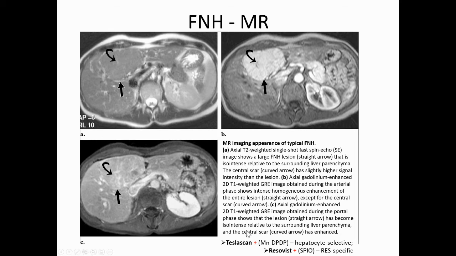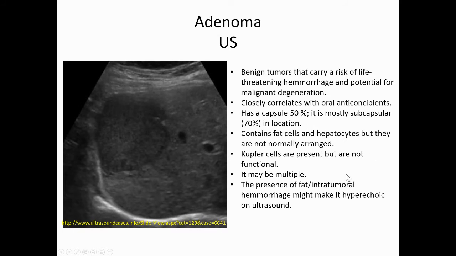So if this lesion takes up the contrast on the scan, then that's diagnostic that there are normal cells within this lesion. And if you give it paramagnetic iron oxide, then that will prove to you that RES is present in this lesion, and that might get you closer to the diagnosis if you were not sure about the diagnosis based on the gadolinium study.